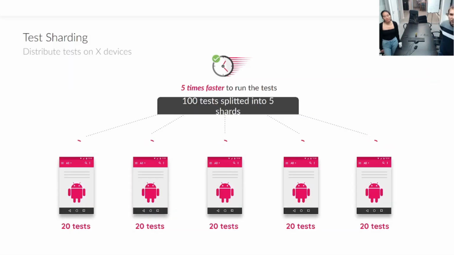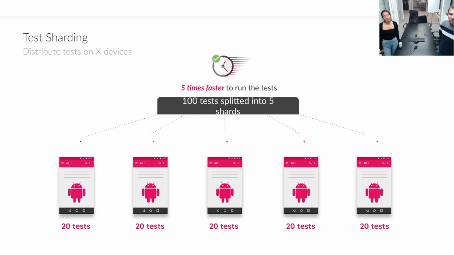Now I will explain how you can reduce your test execution time using the test sharding method. The purpose of test sharding is to spread tests across devices and ease the testing workload so that you can execute automated tests faster.